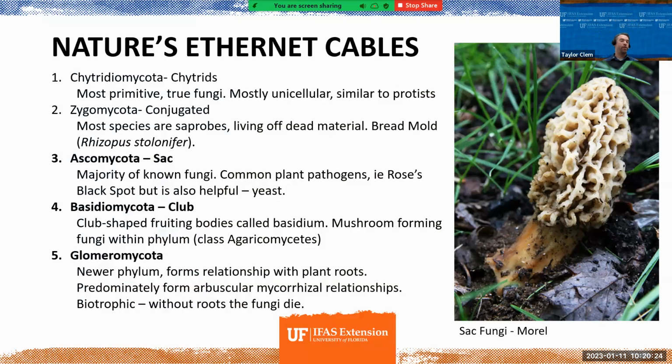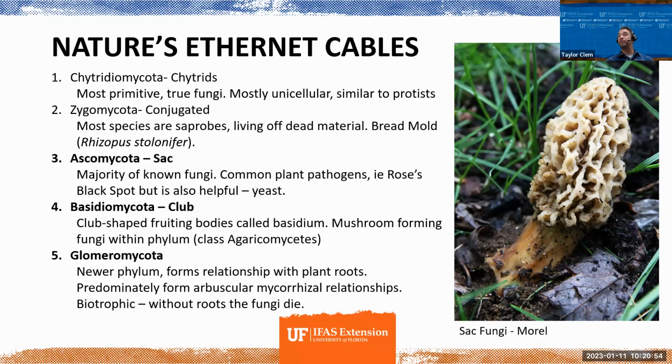So to briefly go over these, there are the 5 phylums, 3 of which have the ability to create mycorrhizal networks. Simply put, there's the Ascomycota, which is just sac fungi. There's the Basidiomycota, which is also called club fungi, as well as the Glomeromycota.